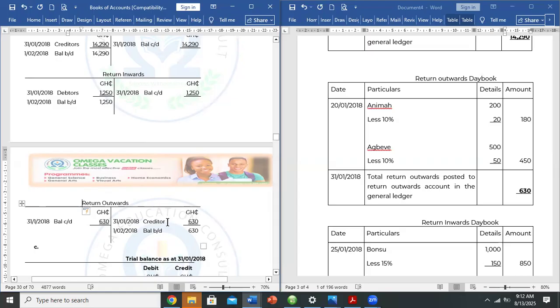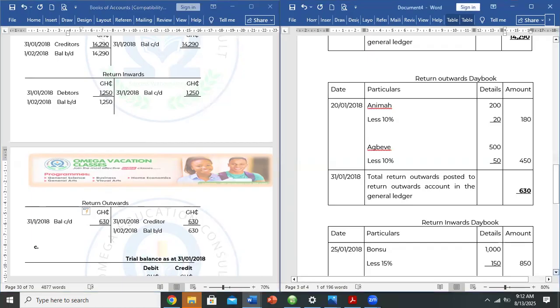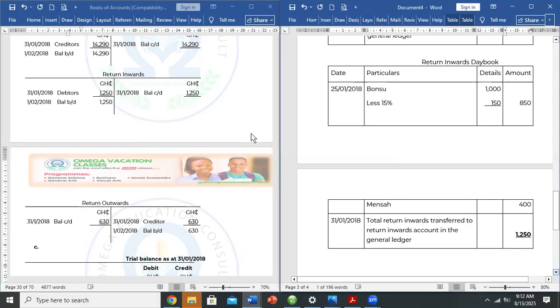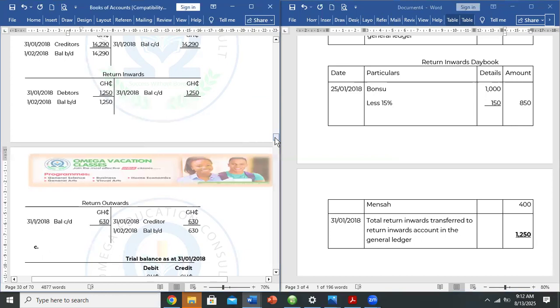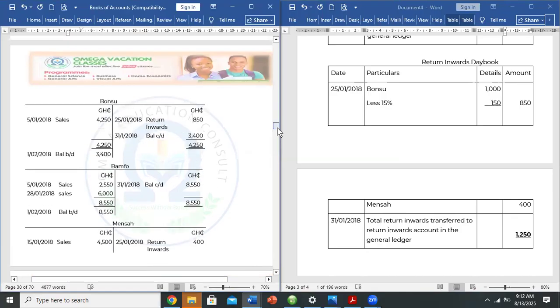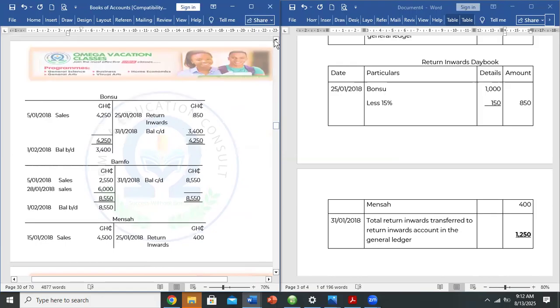And finally, on the return inwards, this would affect our debtors, and our debtors are in the sales ledger. So we go to the sales ledger. So in the sales ledger, we have our debtors there.